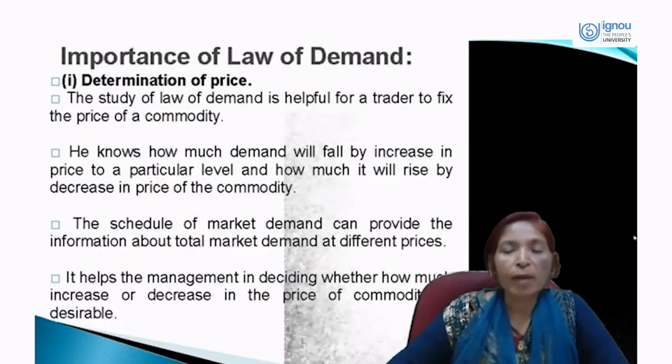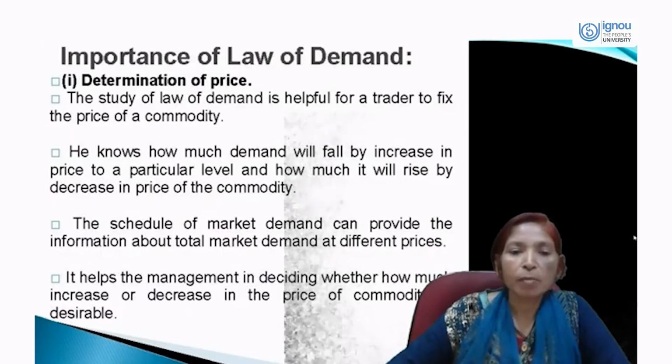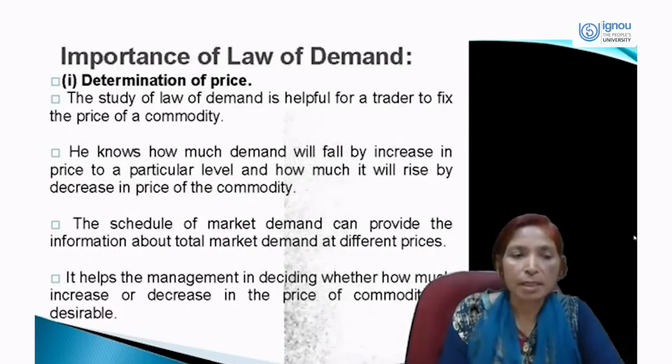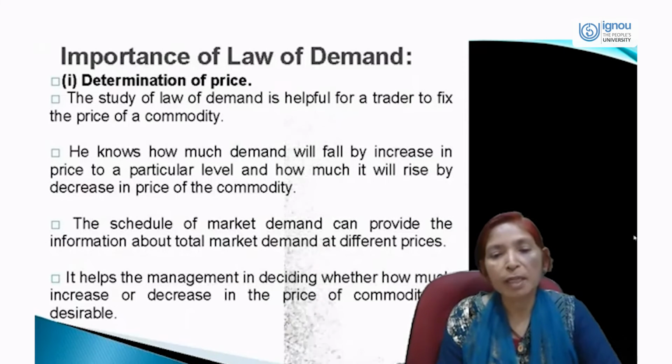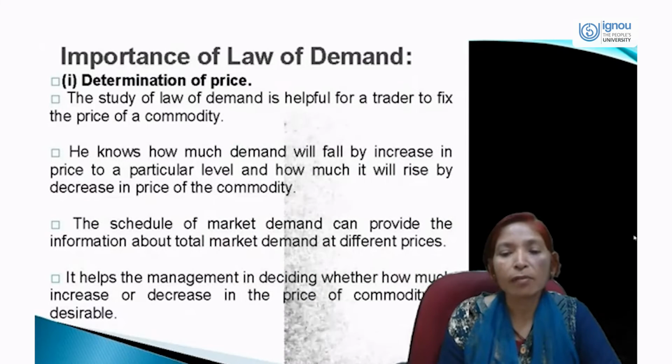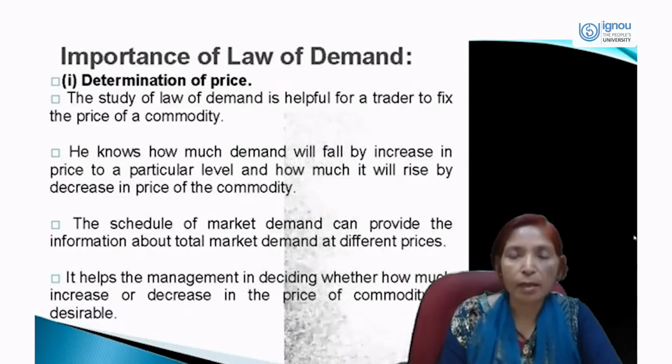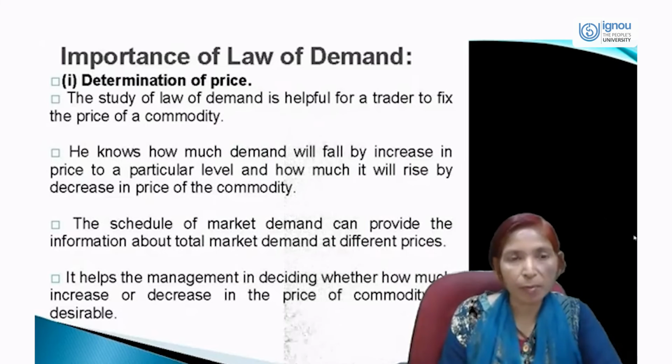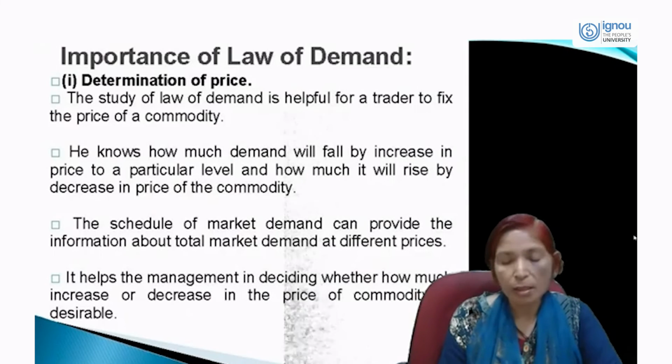And the schedule of market demand can provide information about total market demand at different prices. It helps the management in deciding how much increase or decrease in the price of a commodity is desirable.